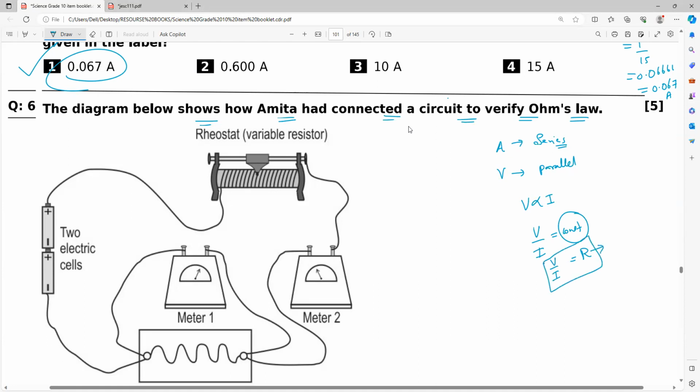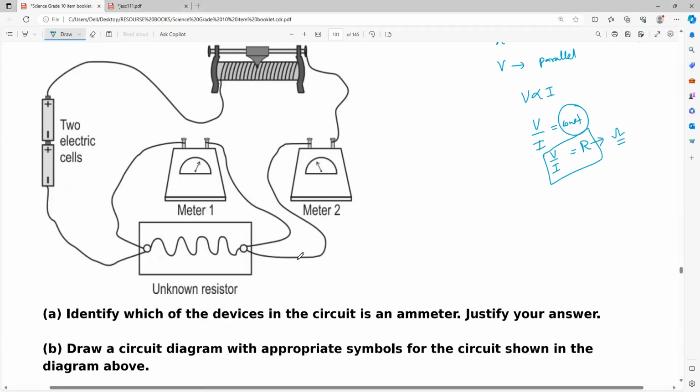So resistance of a given conductor remains constant. Now they have given the Ohm's law circuit. Identify which device in the circuit is an ammeter. Justify your answer. Meter 1, meter 2, which is the ammeter?